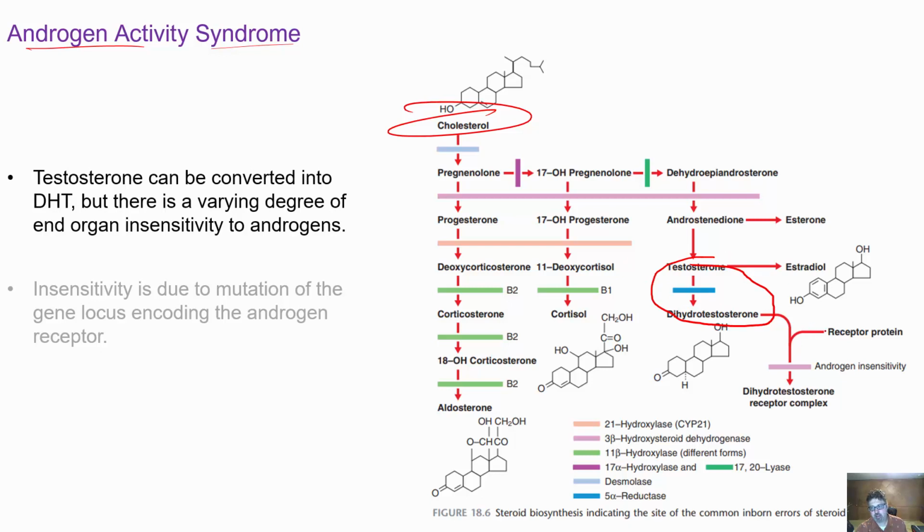And what can happen, like I mentioned earlier, is if the protein doesn't work for the receptor, if that's defective, that can result in androgen insensitivity. This is usually due to a mutation on the gene that encodes the androgen receptor. So even though you typically make enough androgens, the receptor won't work properly.